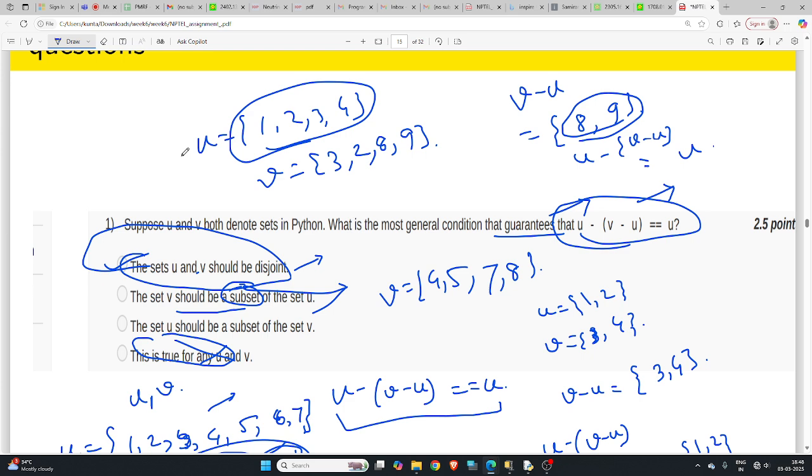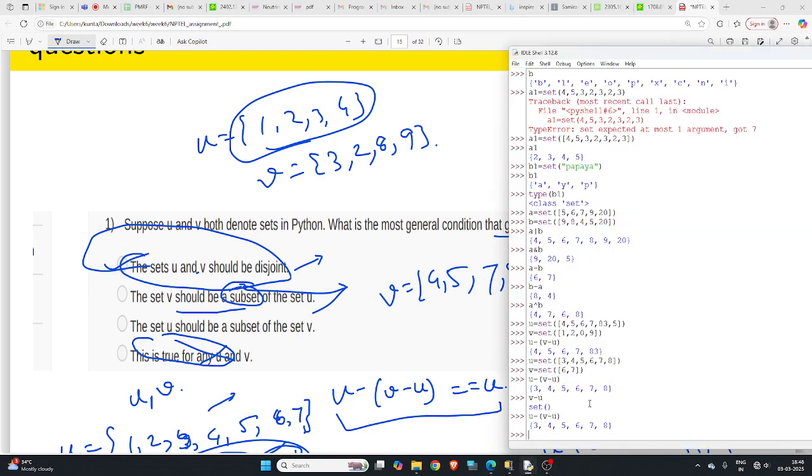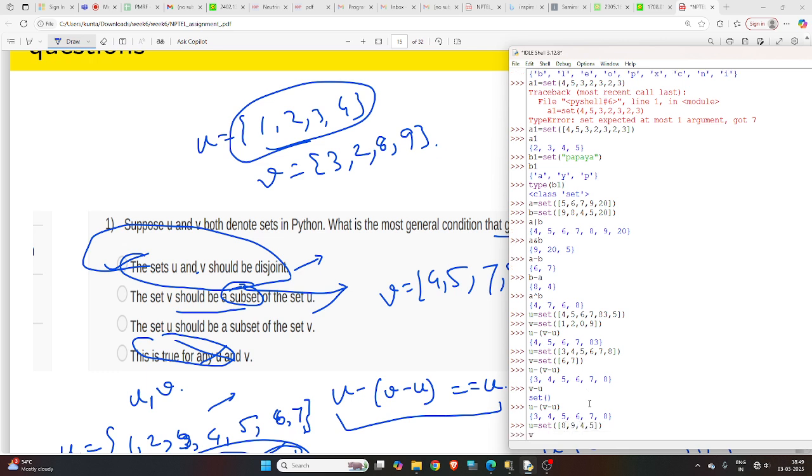V minus U is always, let me see, U equals the set 7, 8, 6, 5, 4, 3, 6.